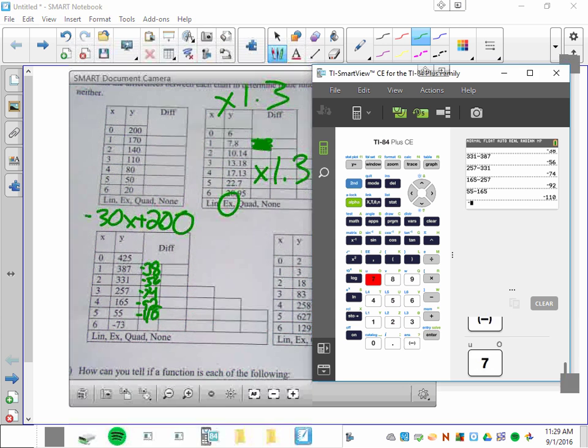So negative 73 minus 55. The last one I get 128.